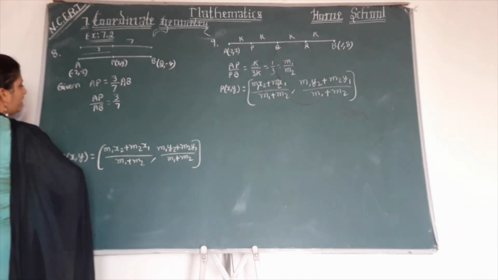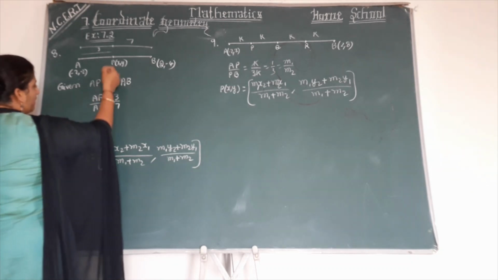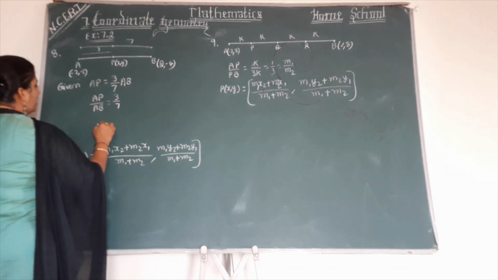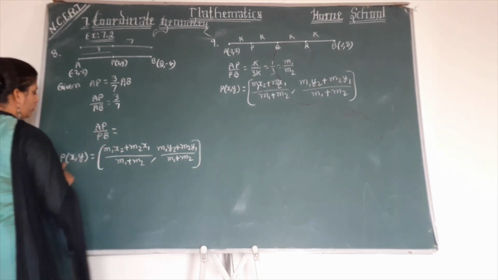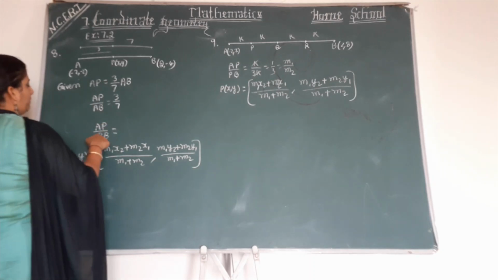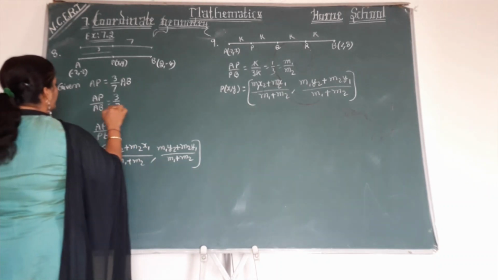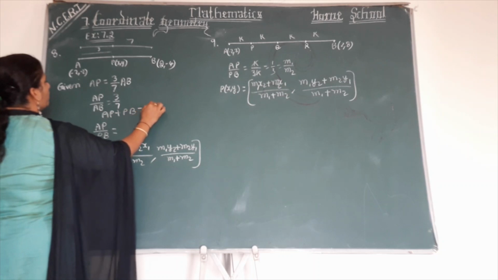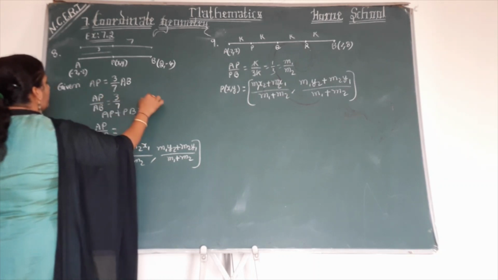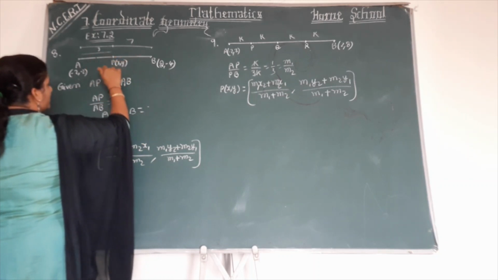How to do this one now? AP is needed. Now I need the ratio AP by PB in order to find the P coordinate. But PB we don't know. What do you write here? AP plus PB is equal to how much here?